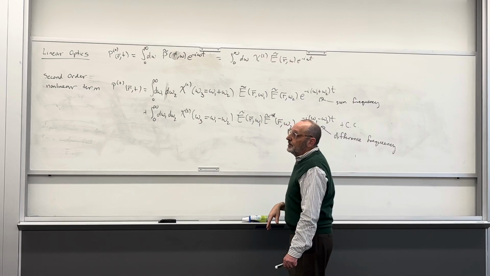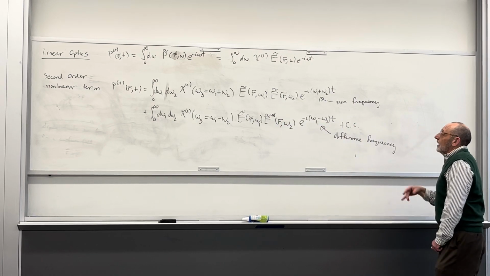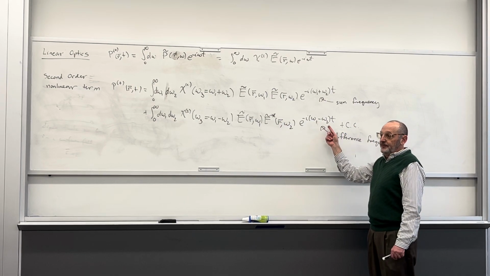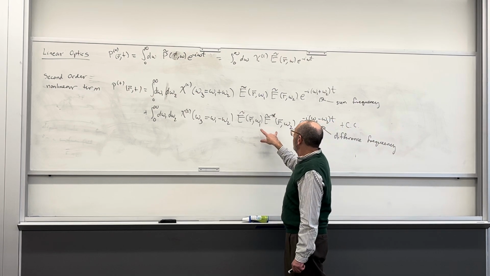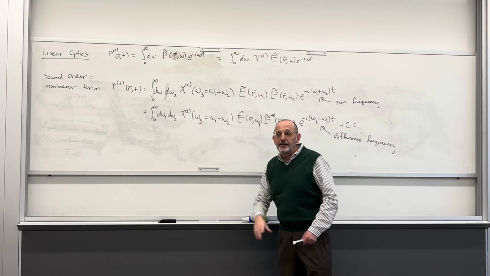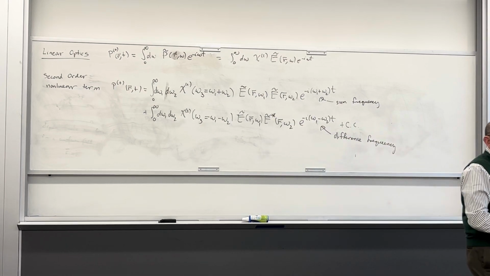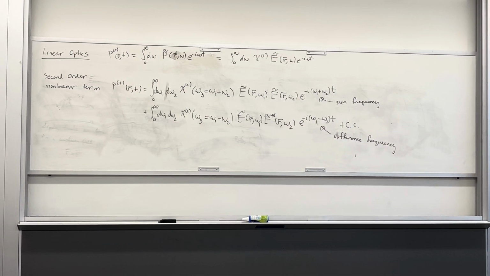There will also be a term that radiates at the difference frequency, depending upon the amplitudes and the strength of the chi2 susceptibility at that difference frequency, and you'll see radiation.